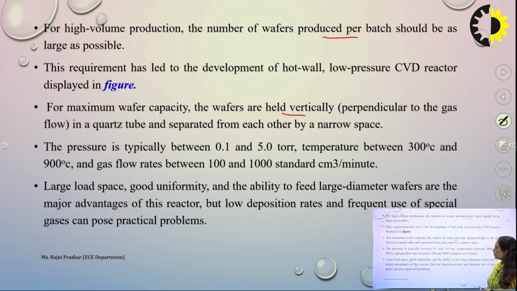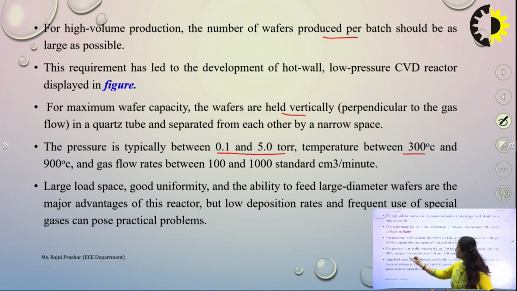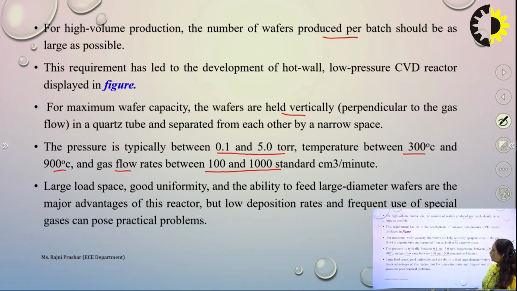So vertically we are going to place the wafers. The pressure is typically between 0.1 to 5 torr. The temperature range for this reactor is between 300 to 900 degrees C, and the gas flow rate is between 100 to 1000 standard cubic centimeters per minute.